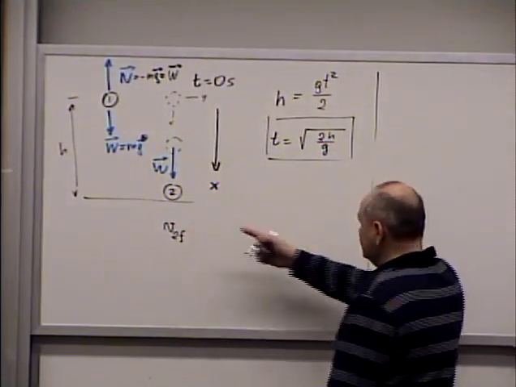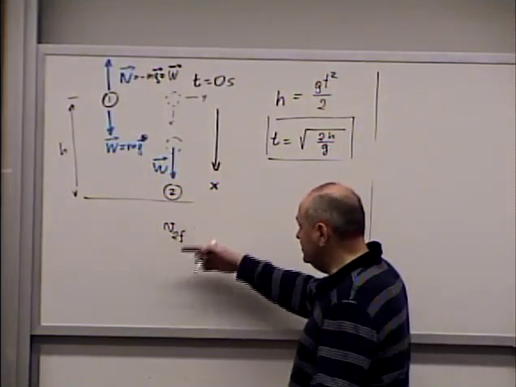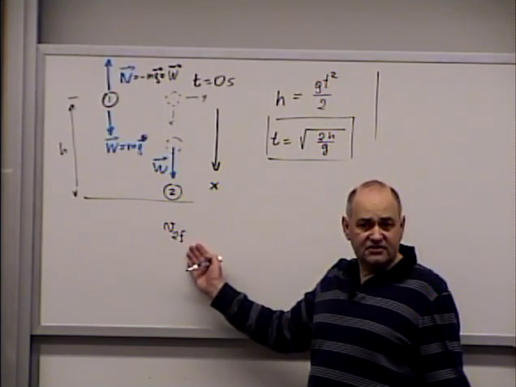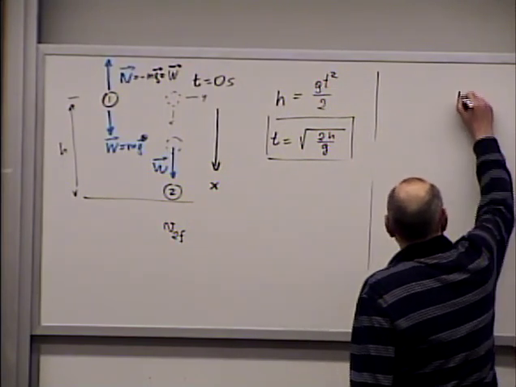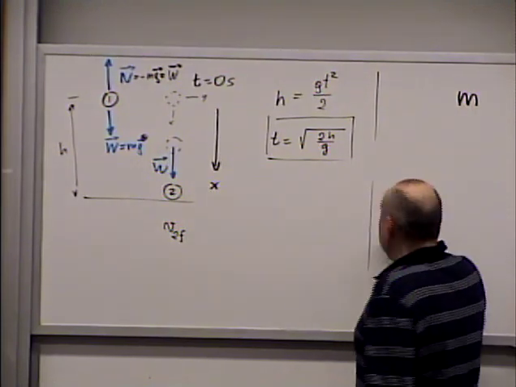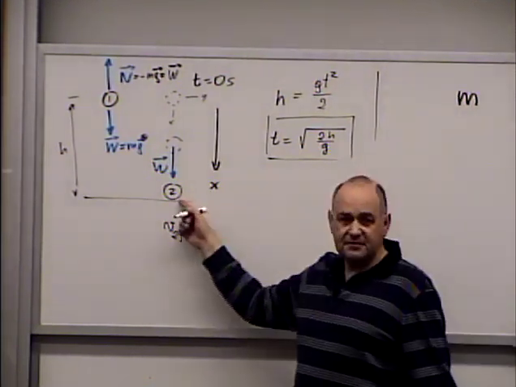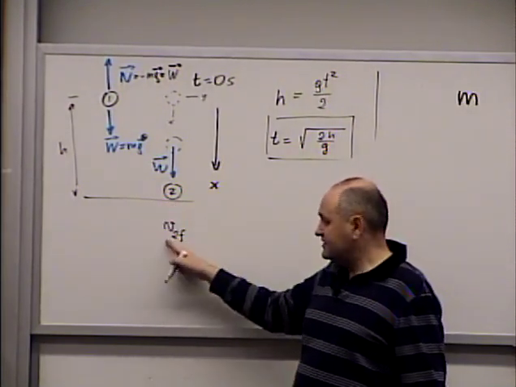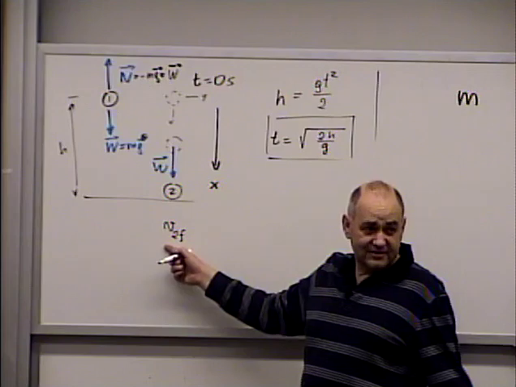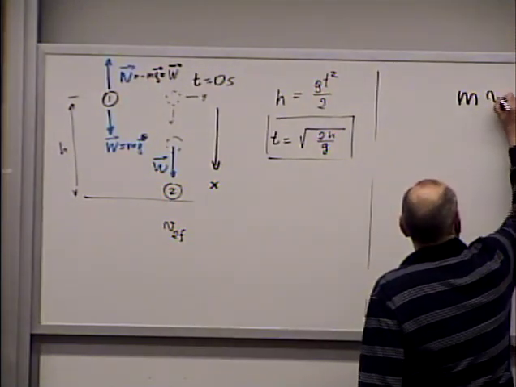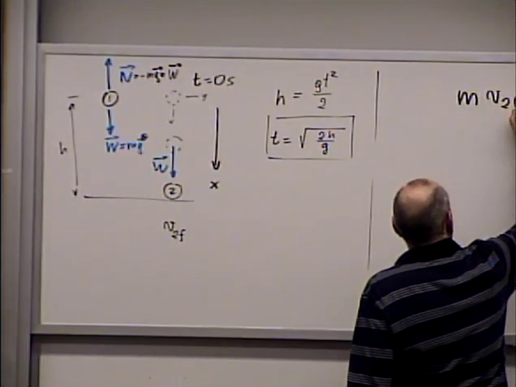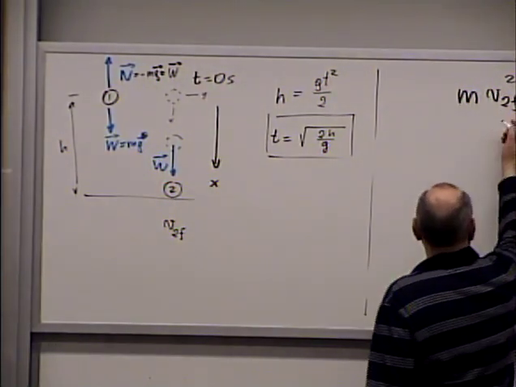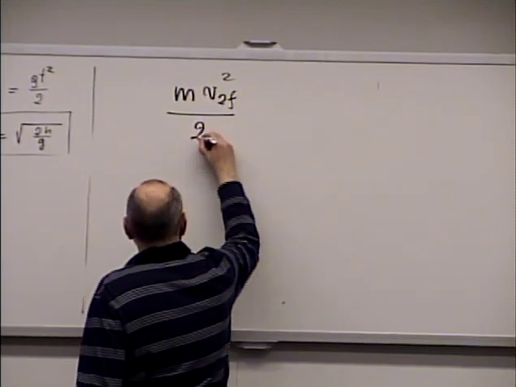All right. So let's start with the change in kinetic energy in terms of this final velocity. It will be the mass of the particle times the square of the speed of the particle over there. Because the other two components of velocity are 0, speed is equal to this component of velocity. So I will have mass times the final component of velocity of particle 2 squared divided by 2.